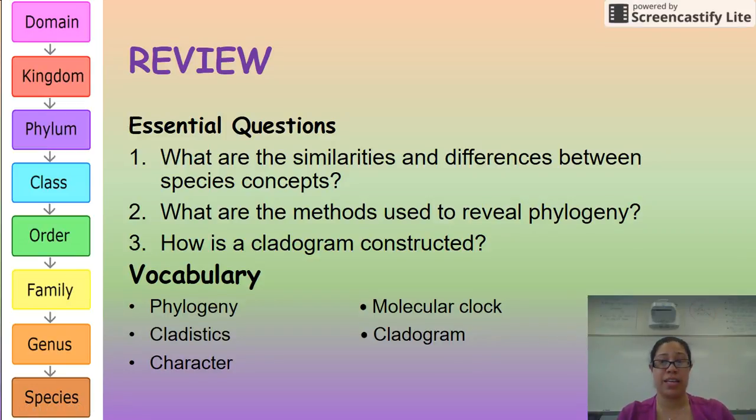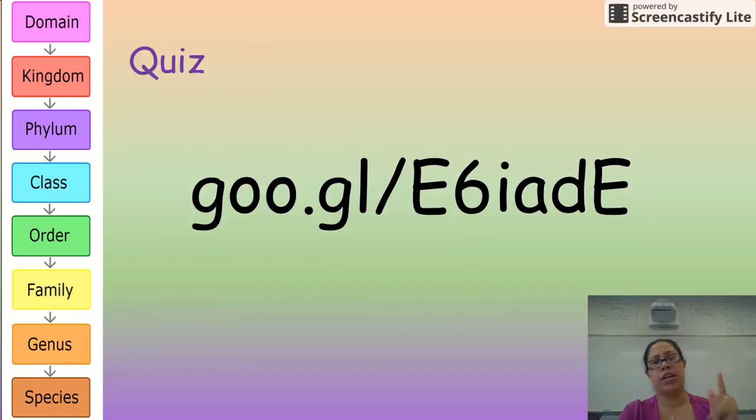Phylogeny takes in the evolutionary characteristics to break species up, and the cladograms are broken up after derived characteristics come about. All right, go to this site, take the quiz, and after this, you guys are going to need to do your activity.